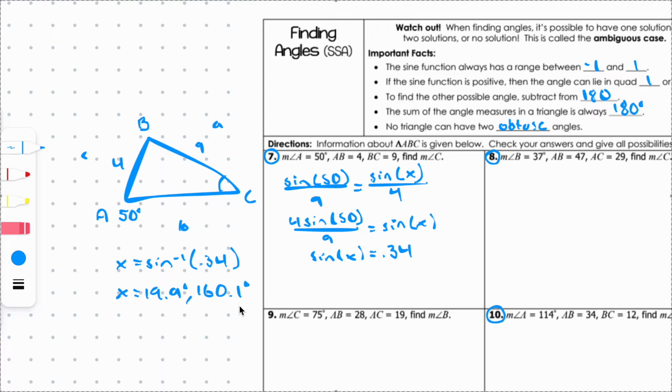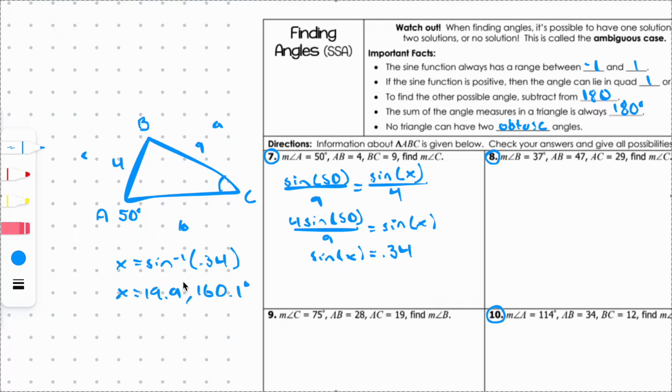But we want to check, okay? We just want to plug in our possible values of x for angle C and use what we know about triangles, that they always sum to 180, to see if it would be a plausible answer.